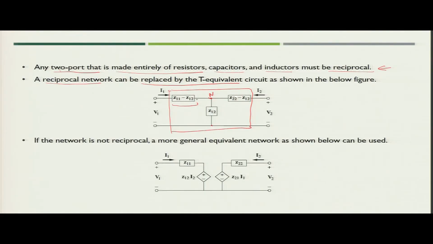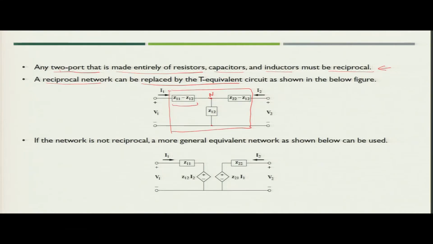With this you can represent a reciprocal network as a T equivalent circuit, or you can also say a Y equivalent circuit, because Y and T are used interchangeably in the literature, but most of the time it is considered a T equivalent.